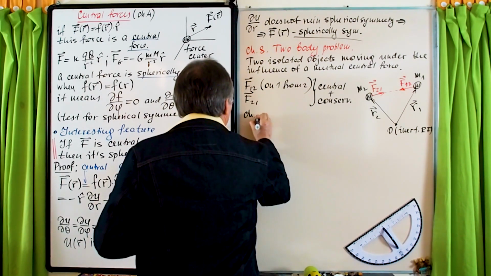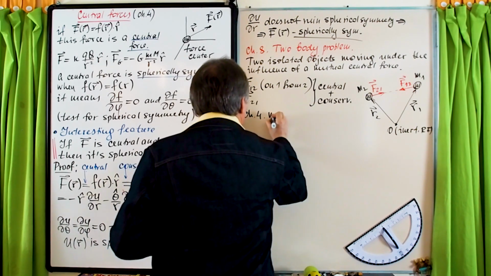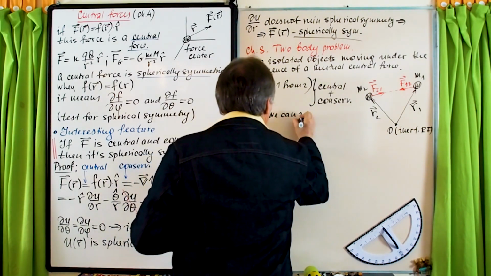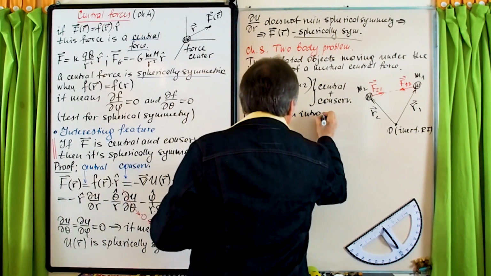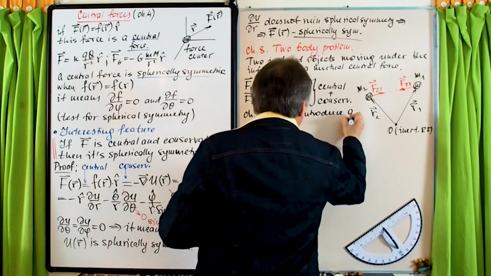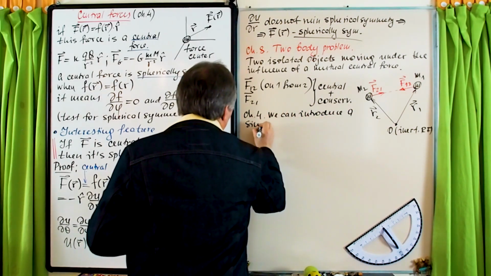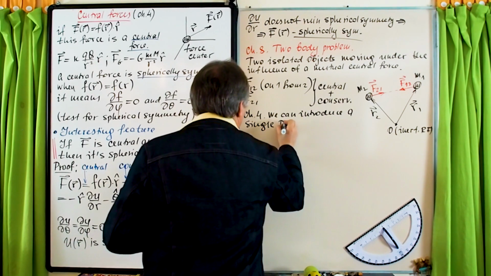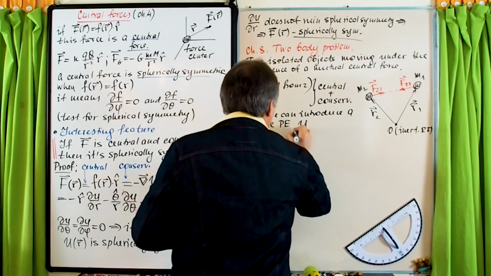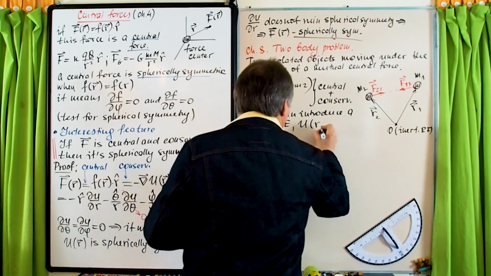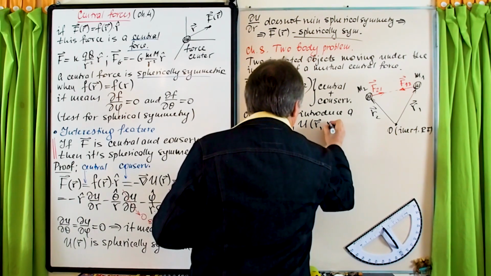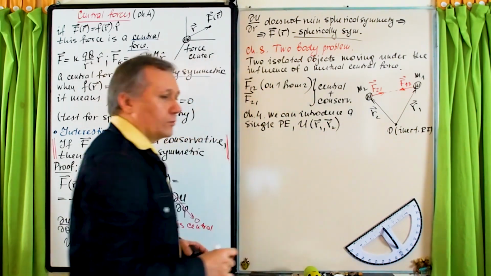So from chapter 4, we can introduce a single potential energy, U as a function of R1 and R2.